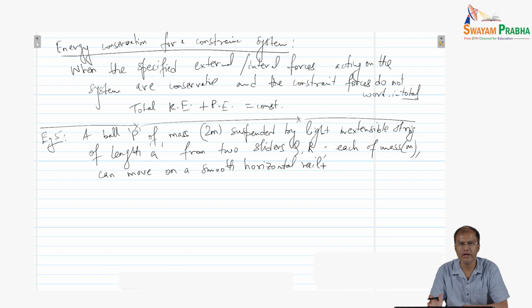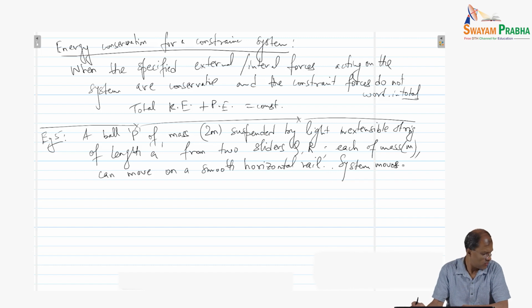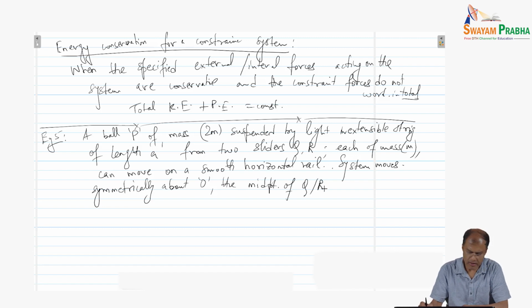So let me write down this statement and I will draw the diagram. The system moves symmetrically about O, which is the midpoint of Q and R, and remains fixed, and P moves downwards.